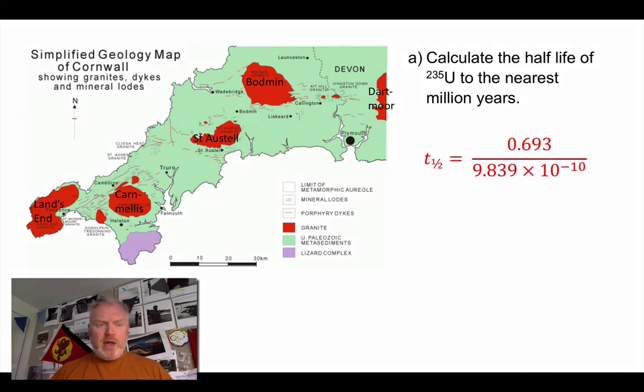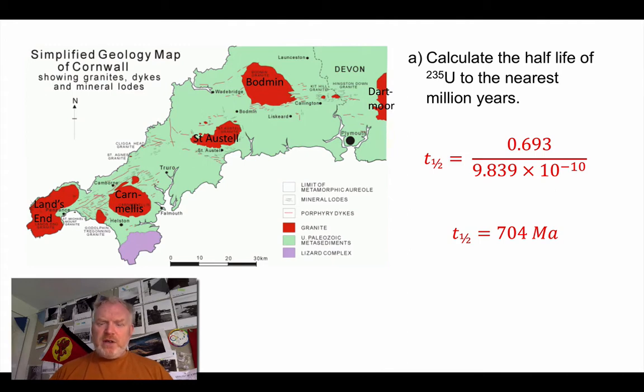So if we put the numbers in the equation, the decay constant there for uranium-235, that's the equation we get. Work through the sums and we end up with a half-life of 704 million years.